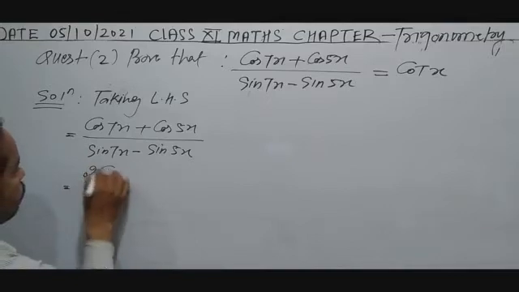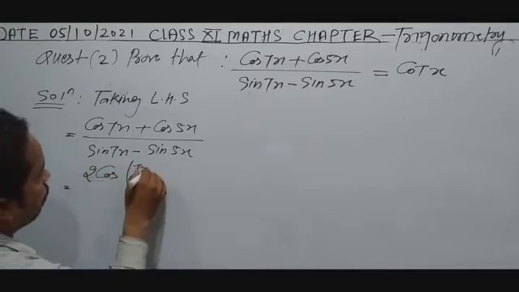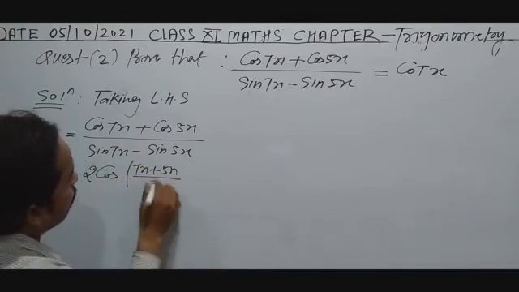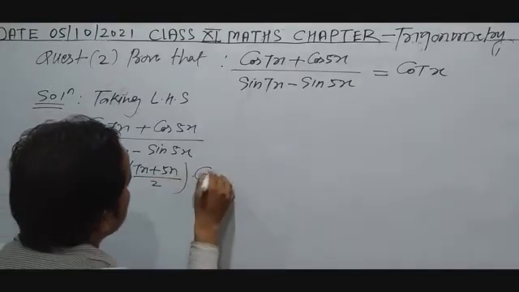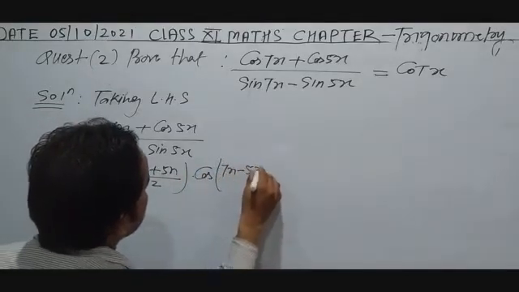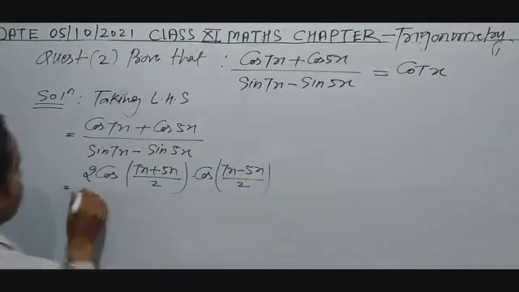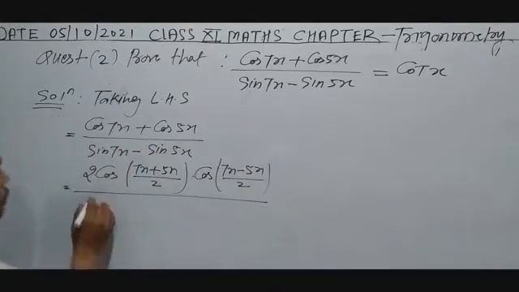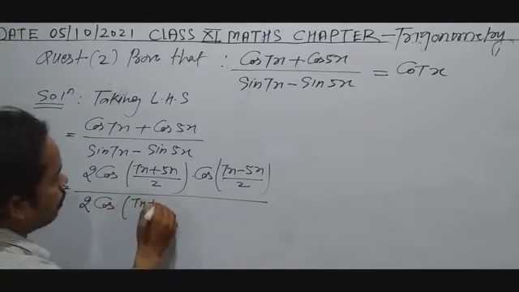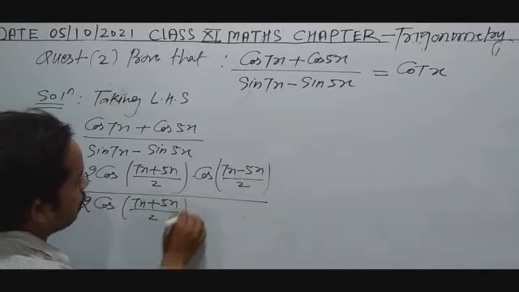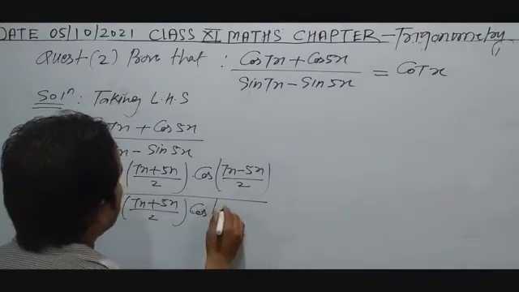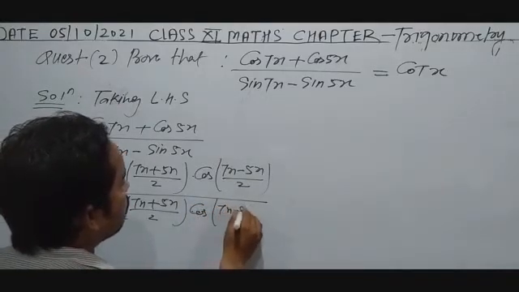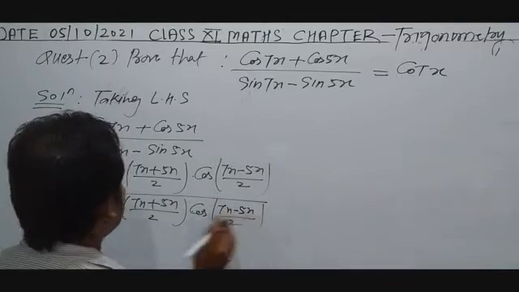So the result will be 2 times cos of (7x plus 5x) by 2 into cos of (7x minus 5x) by 2, whole upon the sin c minus sin d formula: 2 times cos of (7x plus 5x) by 2 into sin of (7x minus 5x) by 2.